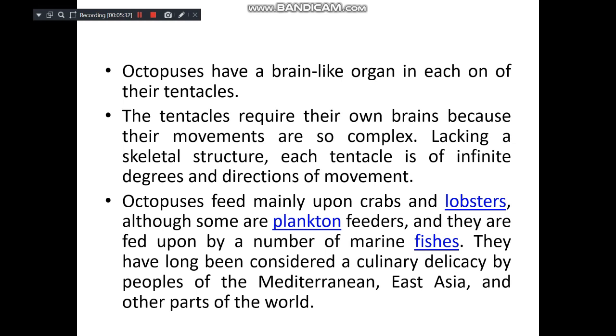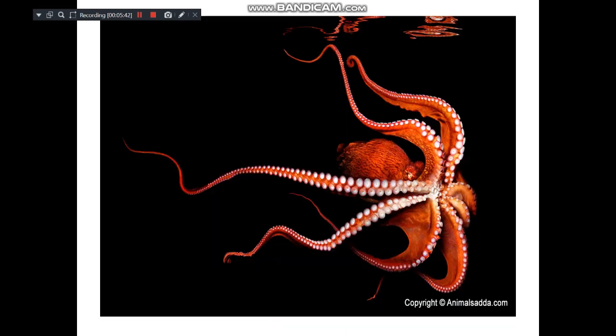Even in many of the Mediterranean countries, East Asia, and other parts of the world, the octopus is not left out, and it has been used as food. See how brightly the two rows of the suckers are visible here.